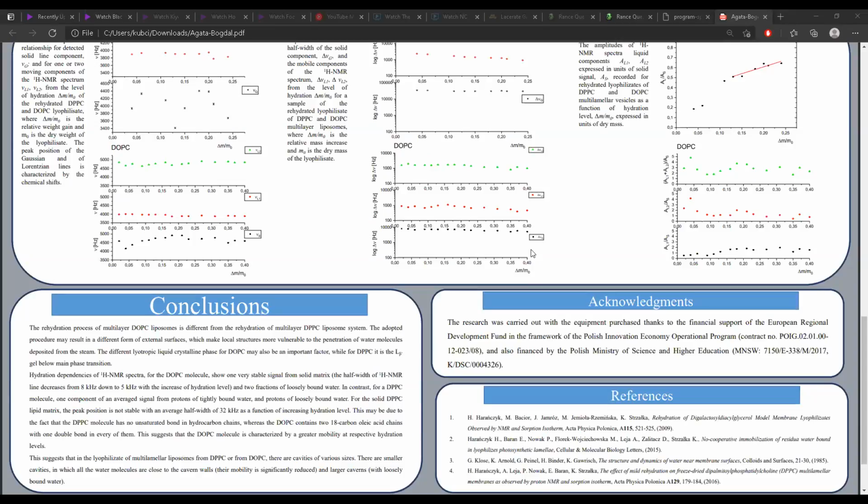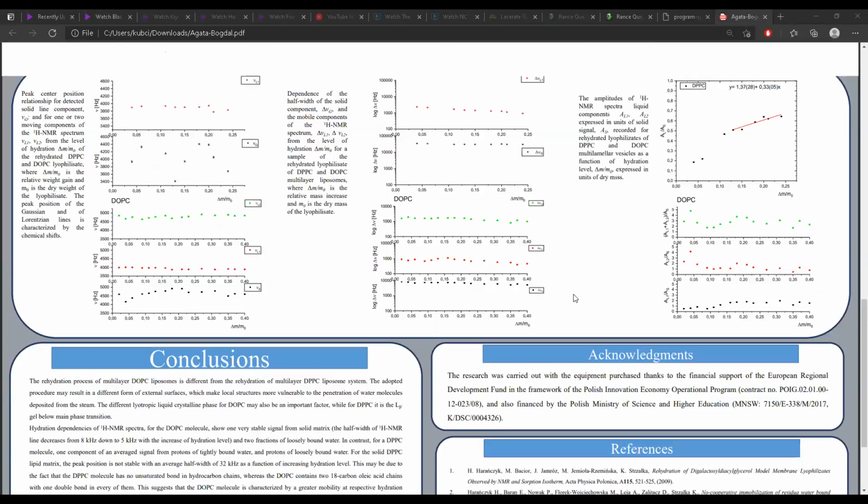So there we can maybe see differences not simply because of the bound water.